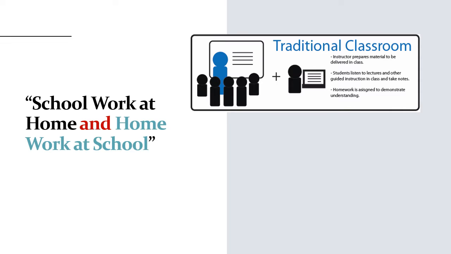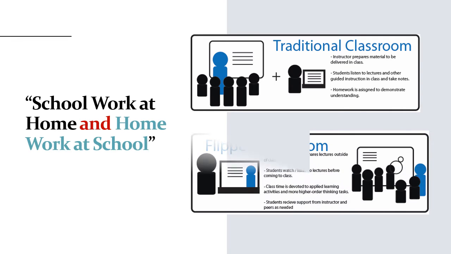But what happens in the flipped classroom? Before class, the instructor records and shares the lecture outside of class, in this case at your home. Then, the student watches and listens to the lecture before coming to class. The student analyzes the concepts. Remember, take notes, pay attention to this video.